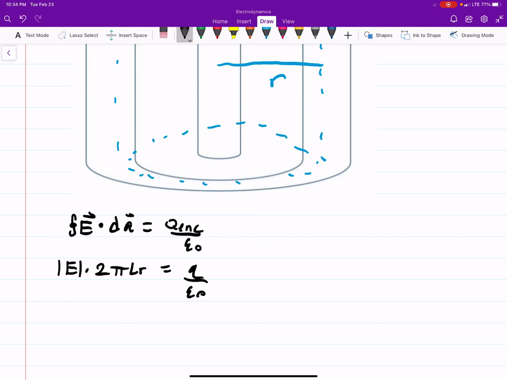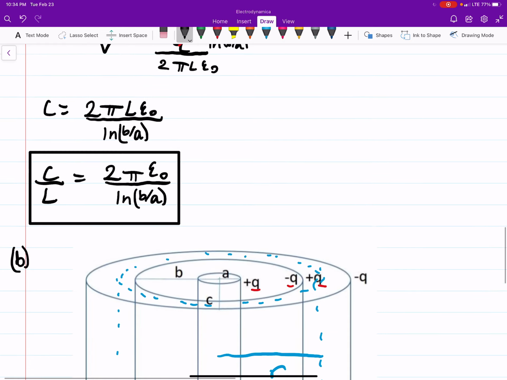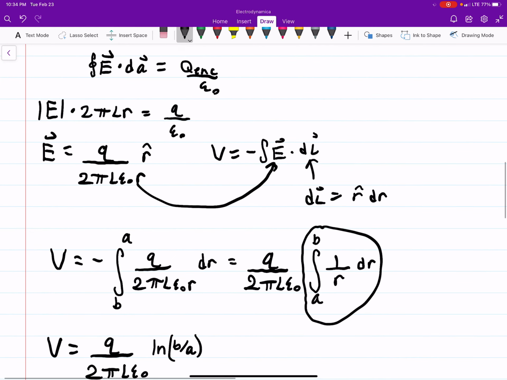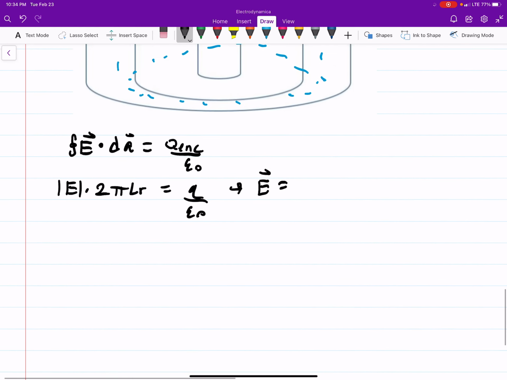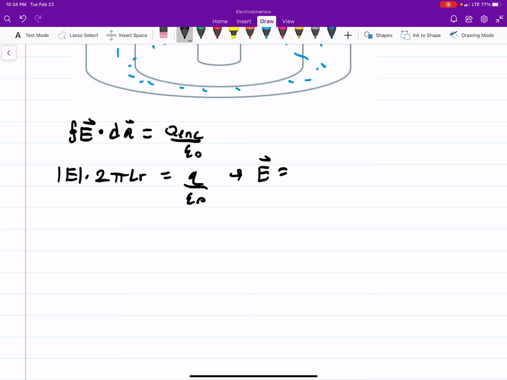And yeah, this is pretty much the same thing as before. Nothing really different here. Your E field is still going to be Q over 2 pi L epsilon naught R in the r hat direction.